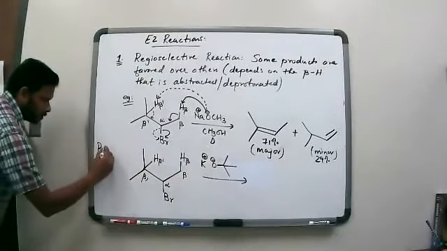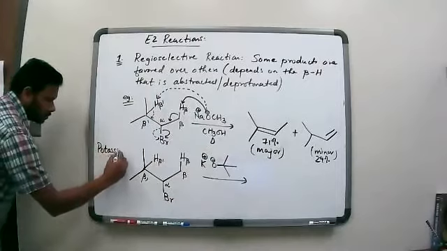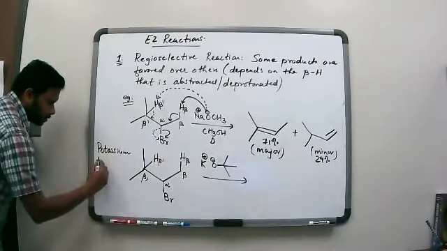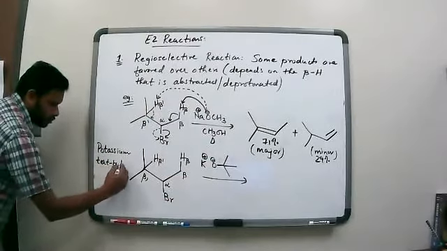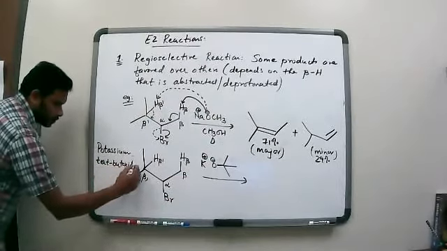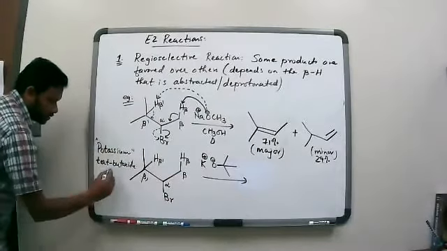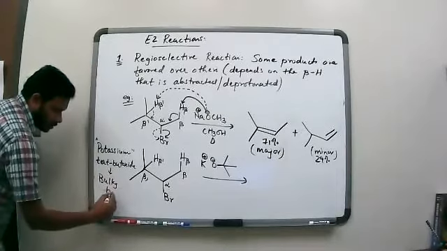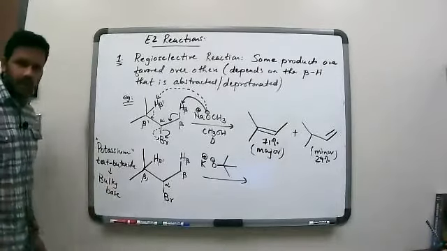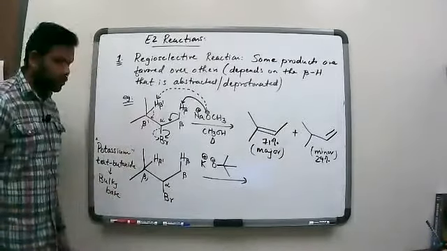So this is potassium tert-butoxide. This is an example of a bulky base, like a big base.